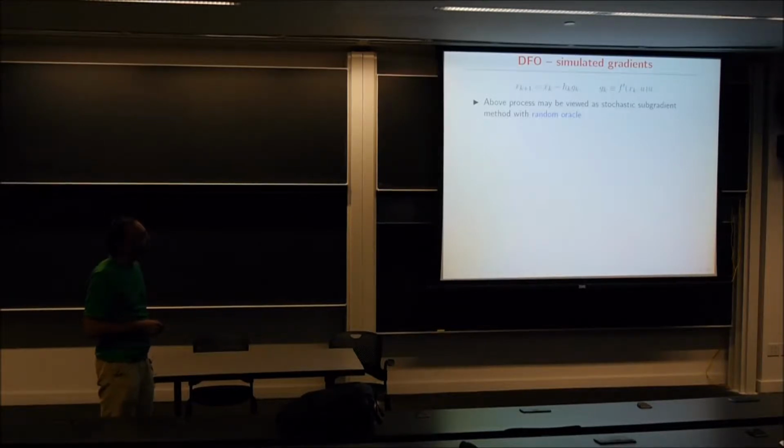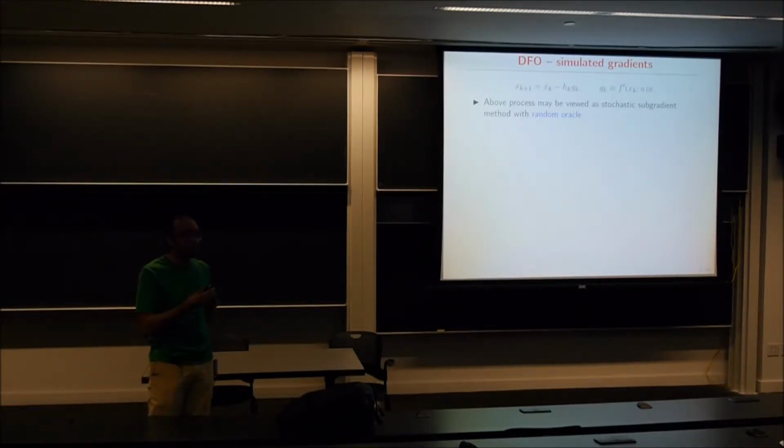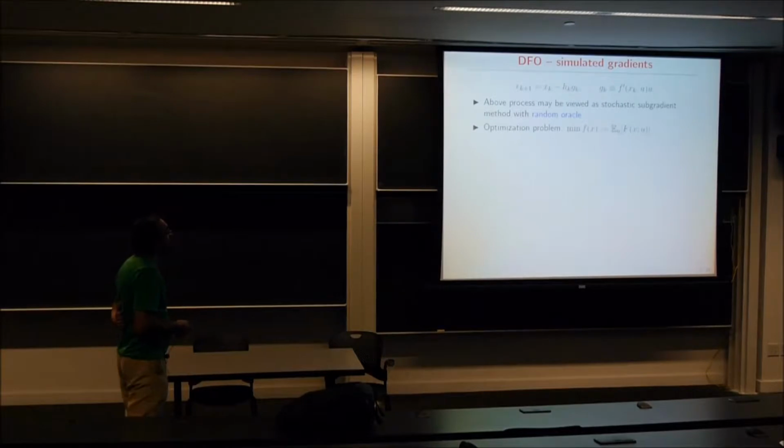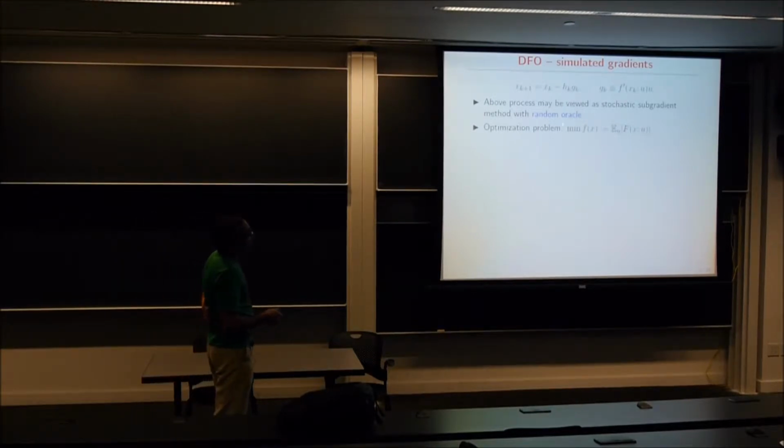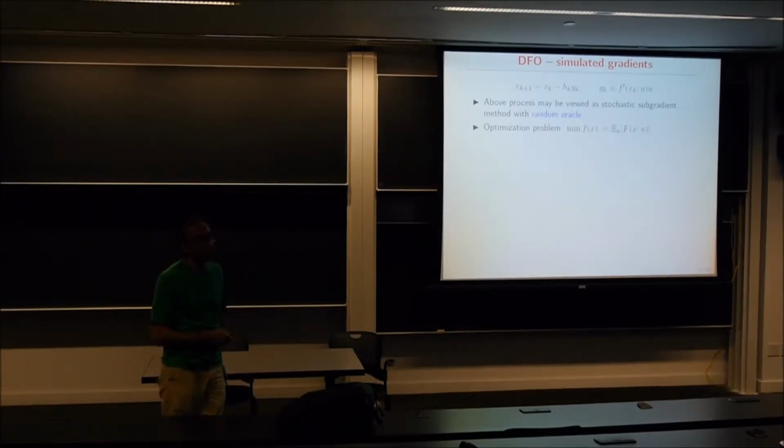So one way of viewing this derivative-free optimization is that f is actually a deterministic function, but we are generating a stochastic gradient for it. So you can think that your oracle, which spits out gradients, has randomness in it, and it corresponds to an optimization problem where your f of x may be viewed as an expectation of a suitable function. We've seen this in stochastic optimization previously.